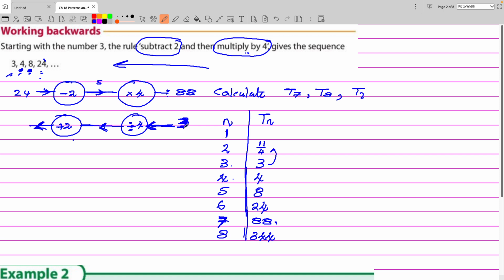Do 3, divide by 4, press execute, then add on 2, press execute, and what do you get? You get 11/4. Now, if you're worried about it, then you can put it into the top one and you go back and you should end up with 3 again.